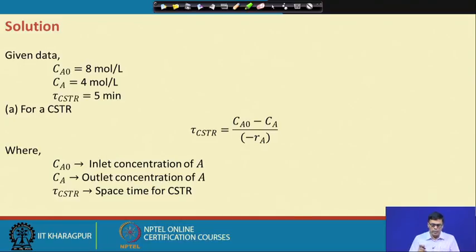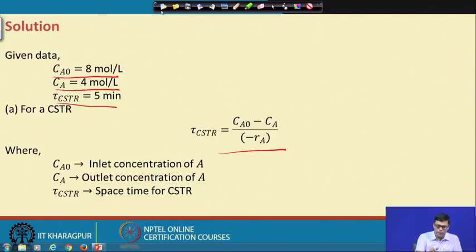Now, this is what is given in the problem. Ca0 equal to 8 moles per liter and Ca is 4 moles per liter, tau is 5 minutes. So, this is the equation that we have.